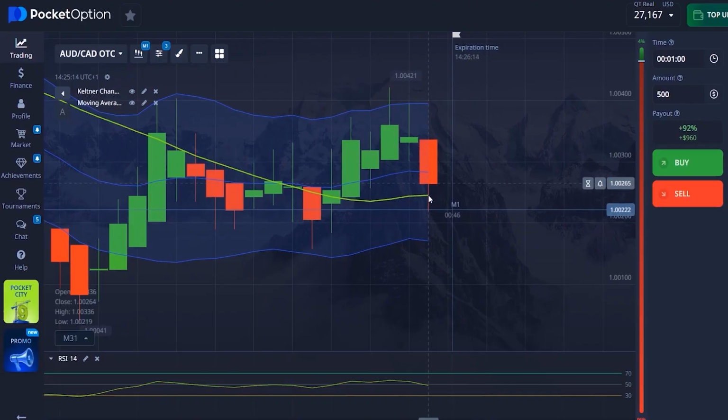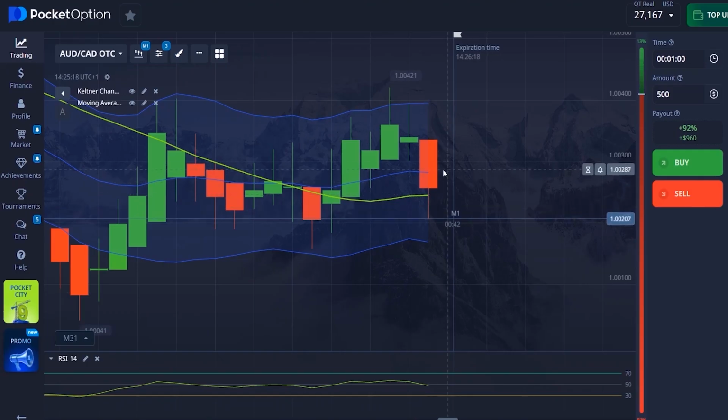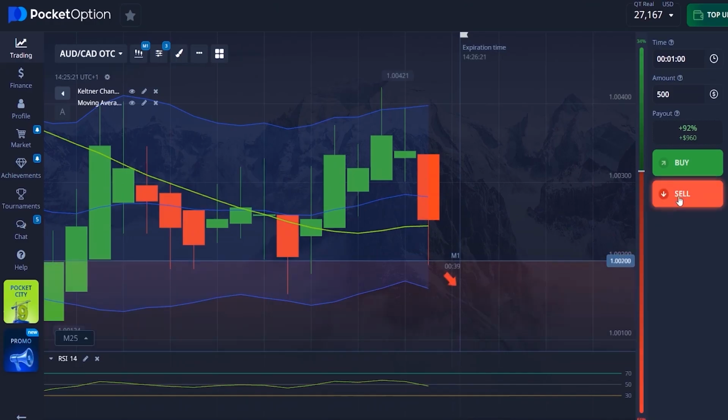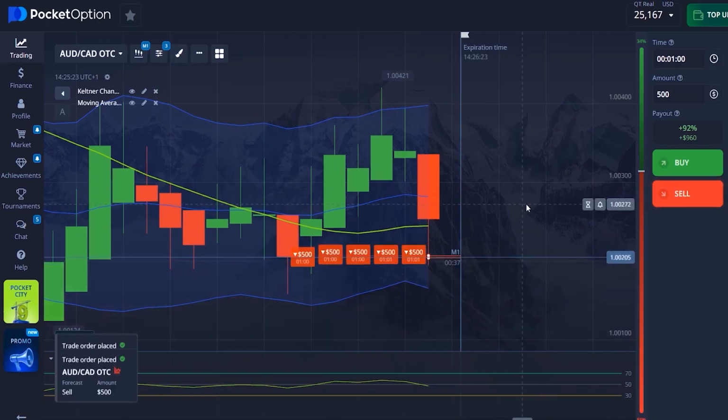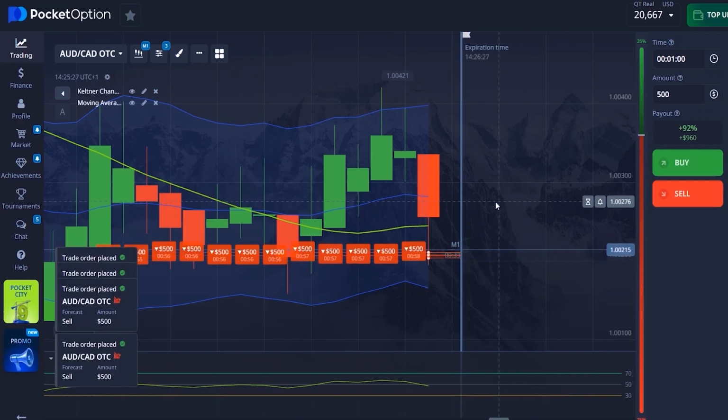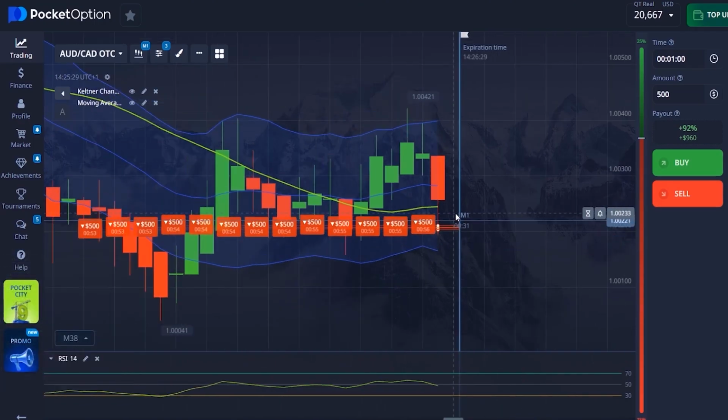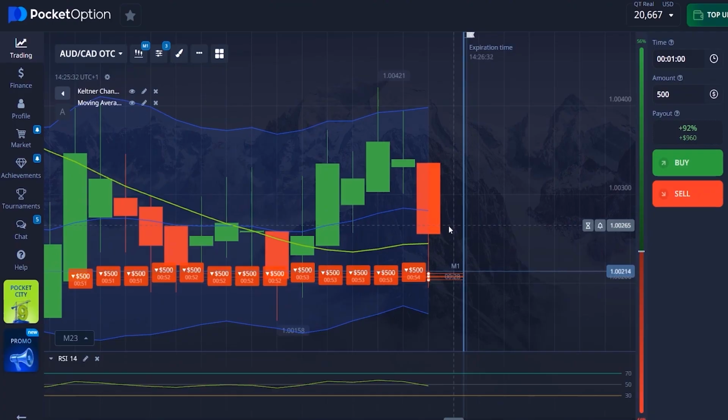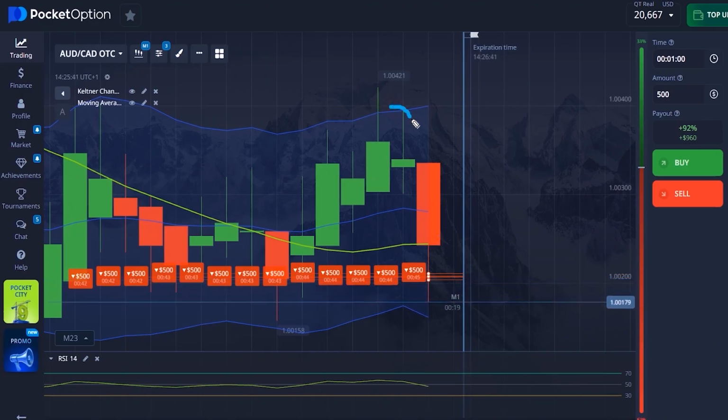So right here I also find another opportunity for a down position. So in the case of a down position, always make sure there is a reversal of the market from the upper part of the Keltner channel.